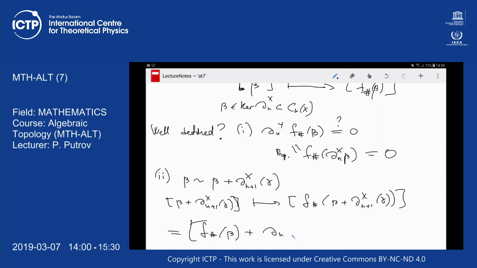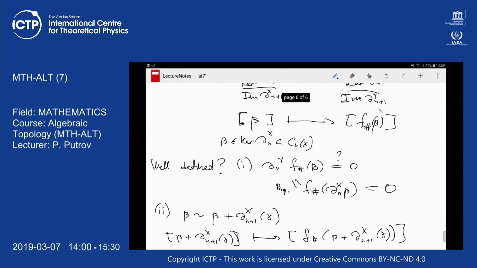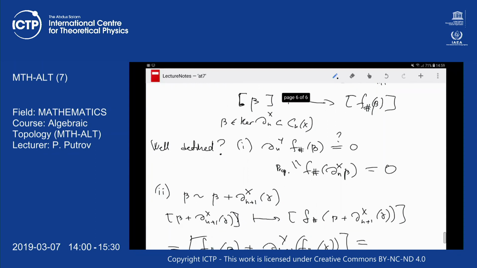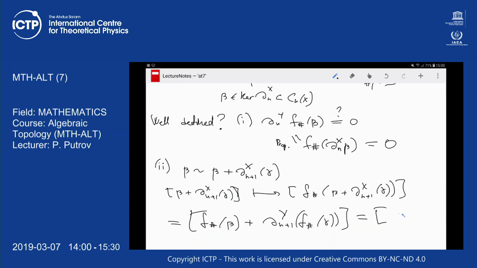So this is the same as dn plus 1 of Y of F sharp of gamma. But this belongs to the image of the d here, so indeed as a class, we get the same class in the homology.